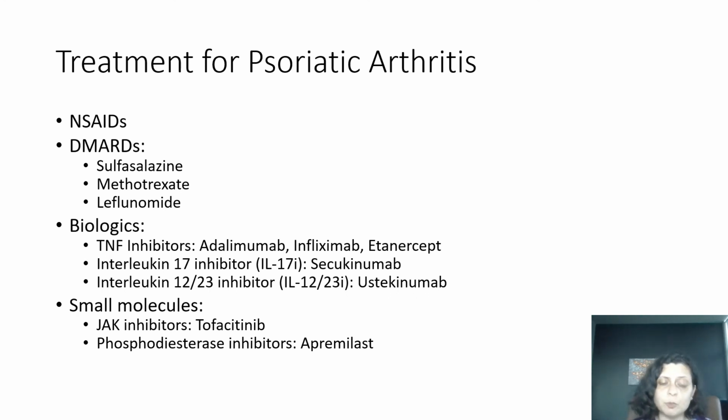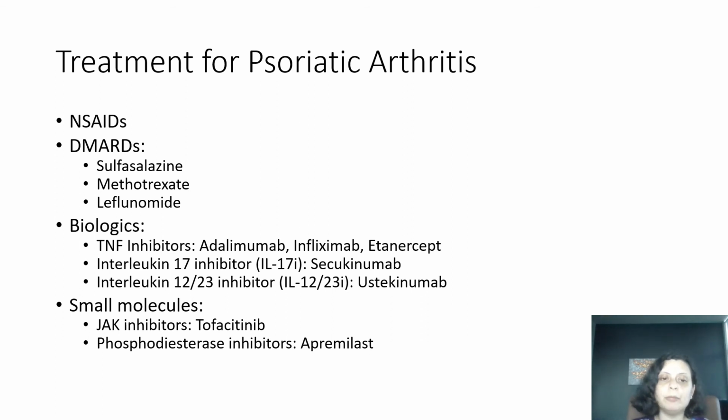If that doesn't work, then you have so many agents like TNF inhibitors, like adalimumab or infliximab, these tongue twisters, right? But you might have listened to one of the TV commercials or radio commercials for Humira, or Enbrel, or Cosentyx.